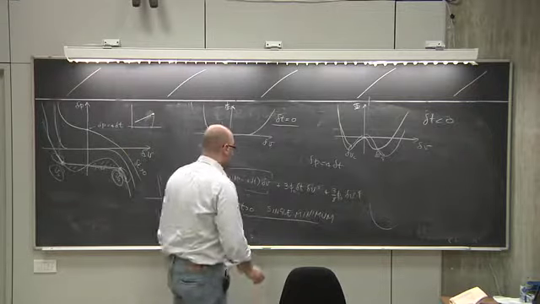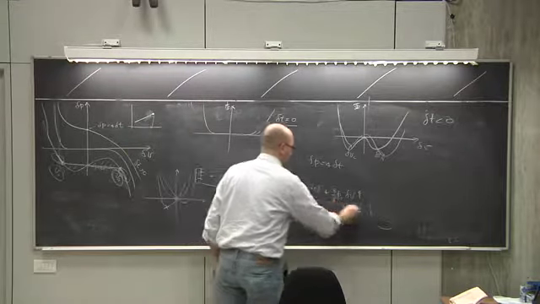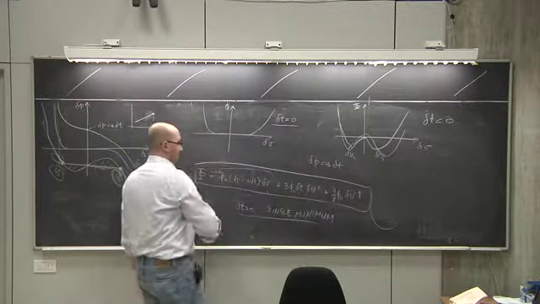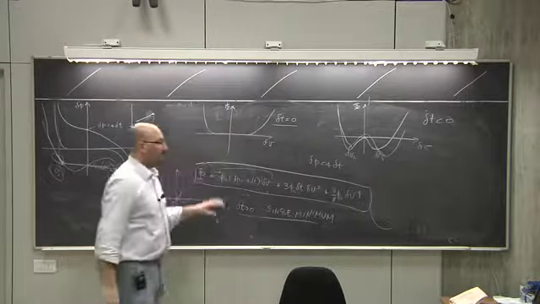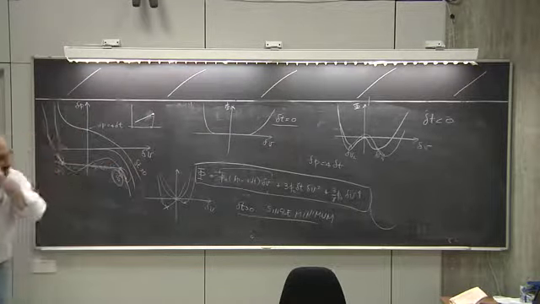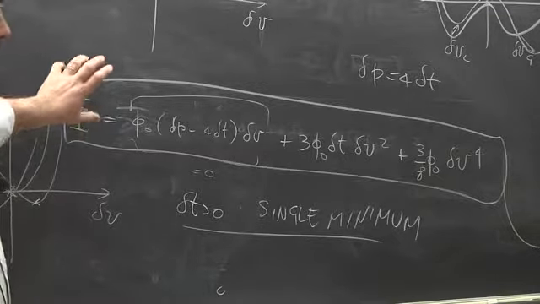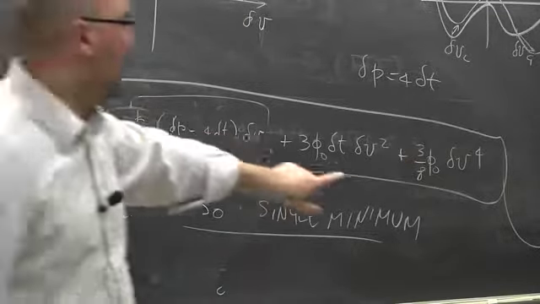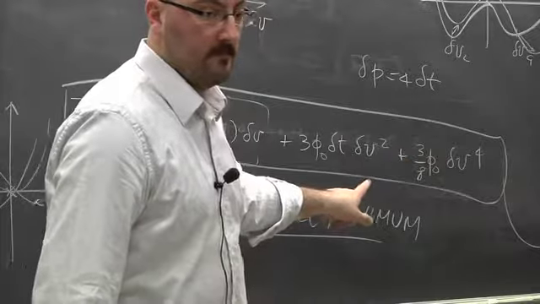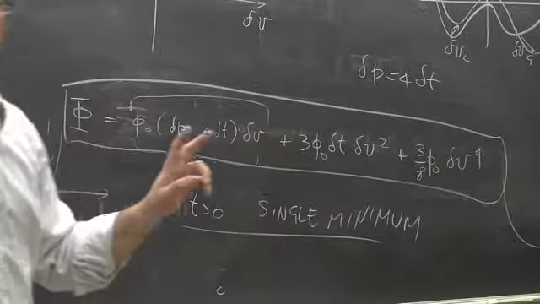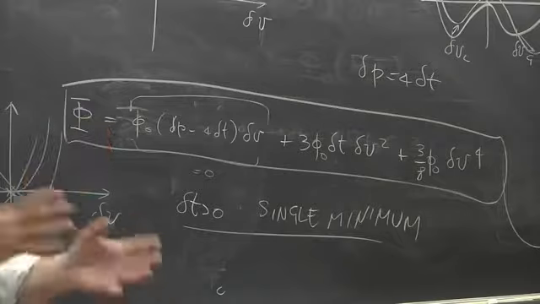Okay, so the critical point that we are describing is obtained by looking at the behavior of a function of a single variable, delta v, and two control variables, temperature and pressure.